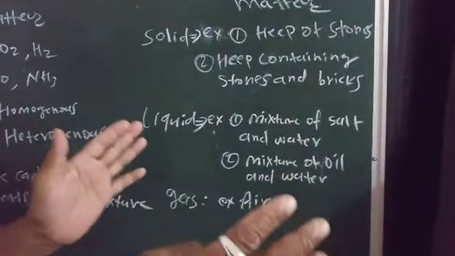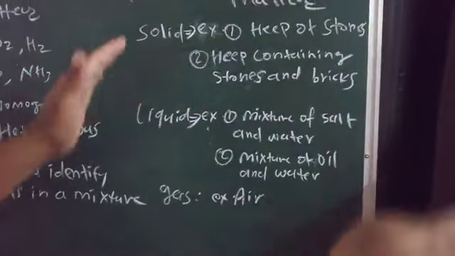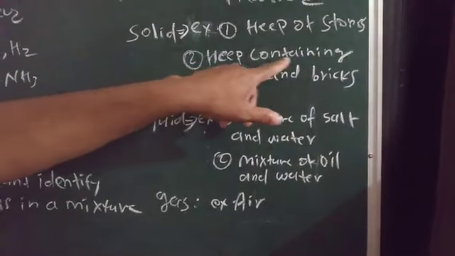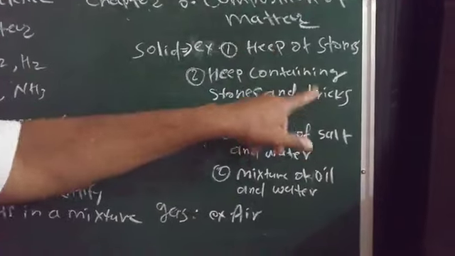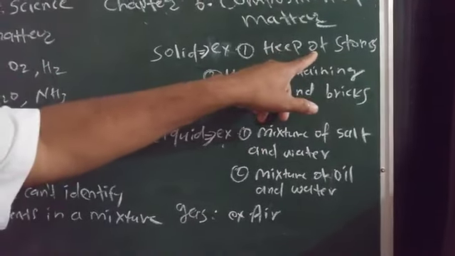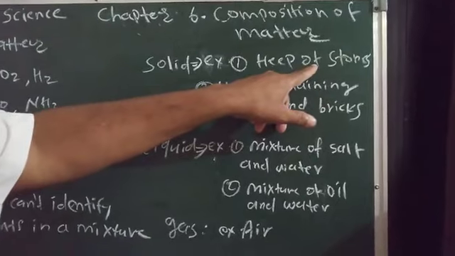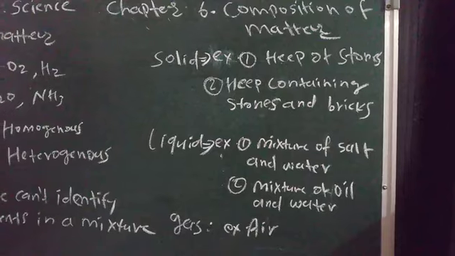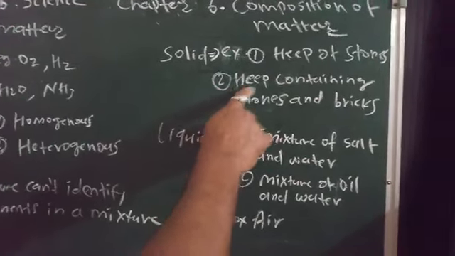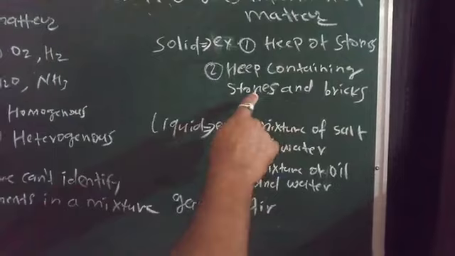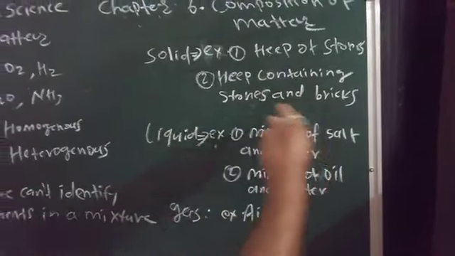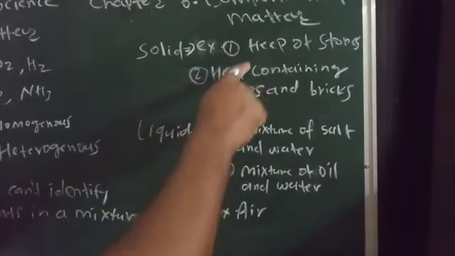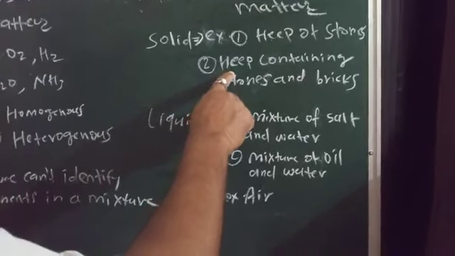Heap of stones means a pile of stones. And the second example is a heap containing stones and bricks. In the heap of stones, we cannot identify different types of mixture, and in the heap containing stones and bricks, we can identify stones and bricks separately. Therefore the first is an example of a homogeneous mixture and the second is an example of a heterogeneous mixture.